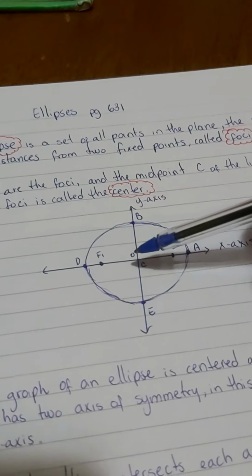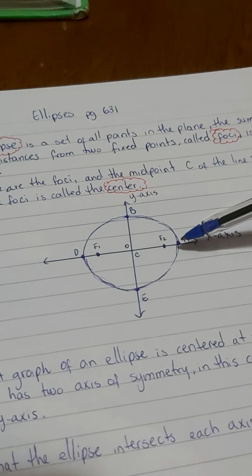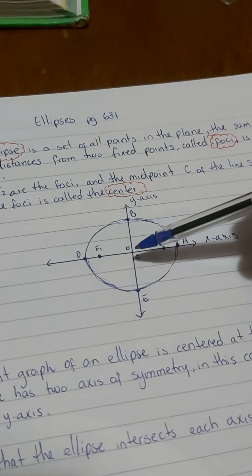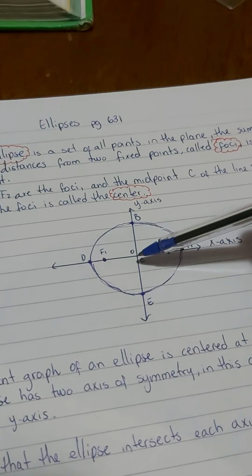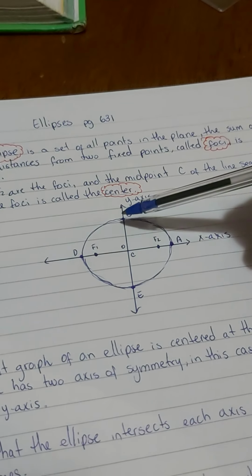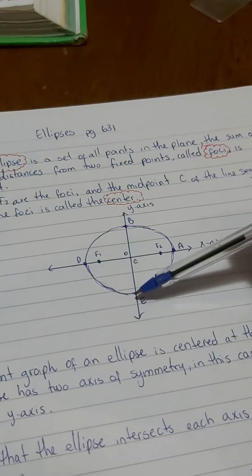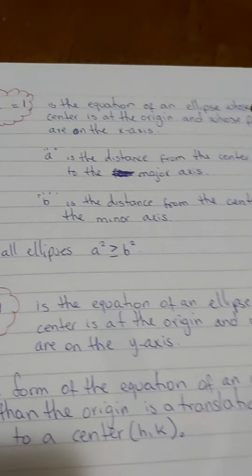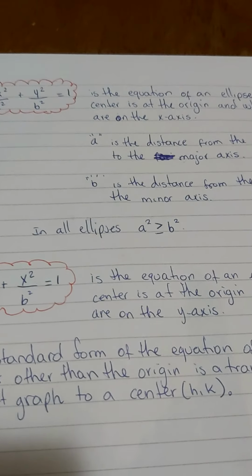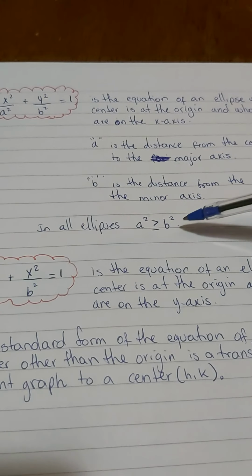So in this case, a will be the distance from the center to the major axis, either from C to A or from C to D. And b will be the distance from the center to the minor axis, that means from C to B or from C to E. That's how we define a and b in the equation. Now, in all ellipses, a squared is always greater than or equal to b squared.